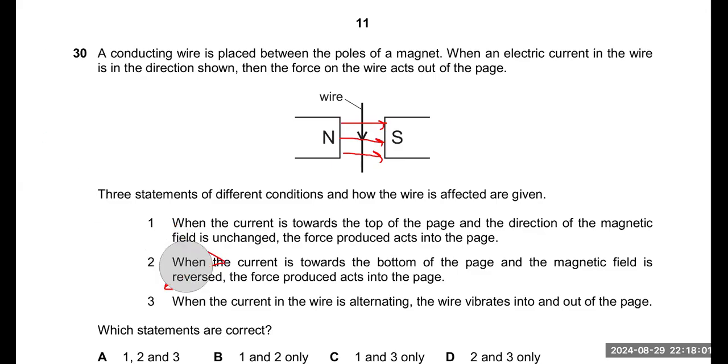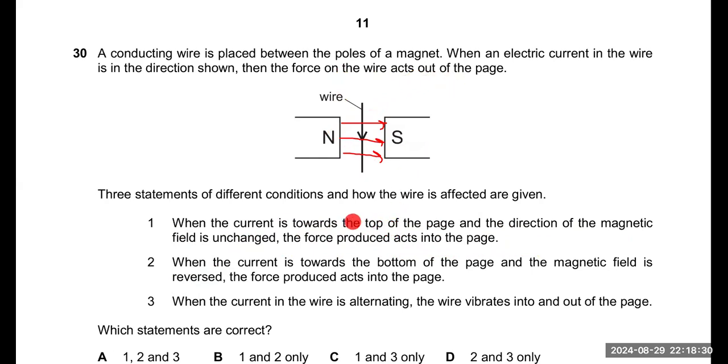First option: when the current is towards the top of the page and the direction of the magnetic field is unchanged, the force produced acts into the page. Yes, if you look at it, the current was in the downward direction and the magnetic field is north to south, and the force was acting out of the page.